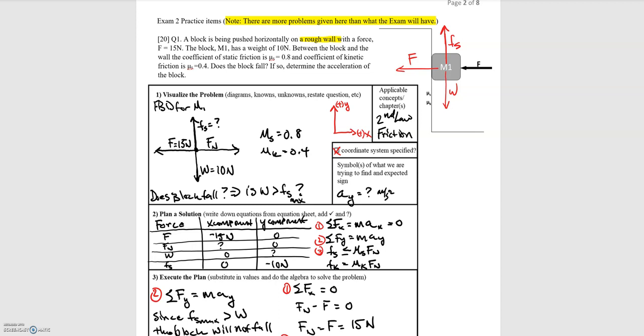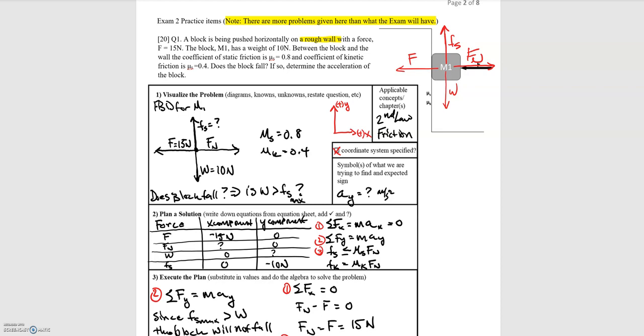So the wall is applying a normal force to the block to the right. Now, I didn't draw these vectors to scale. I just wanted to show them just to define the forces.